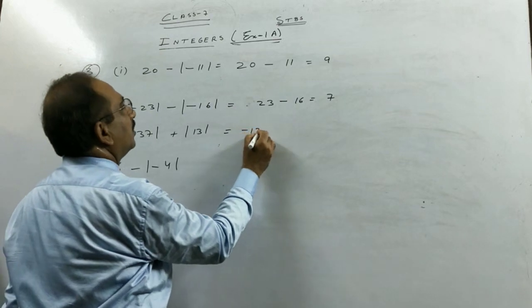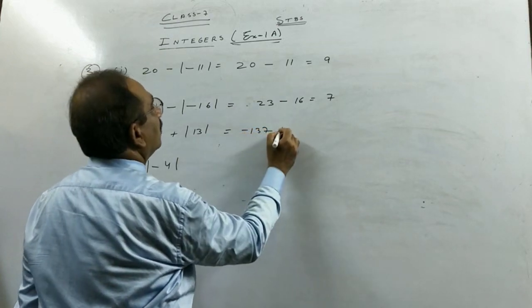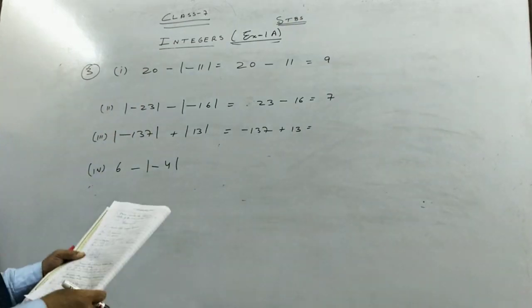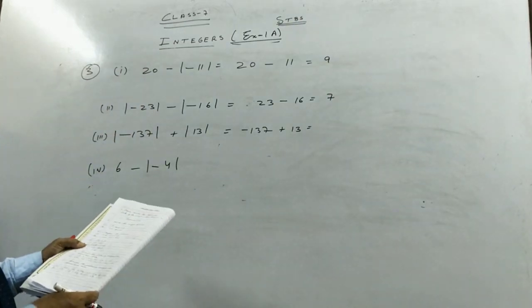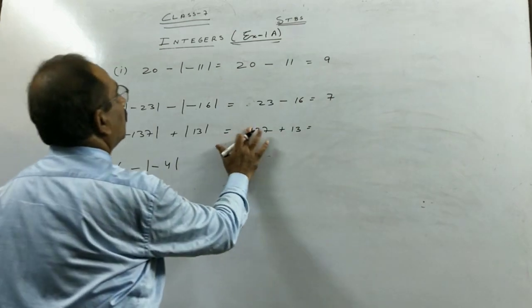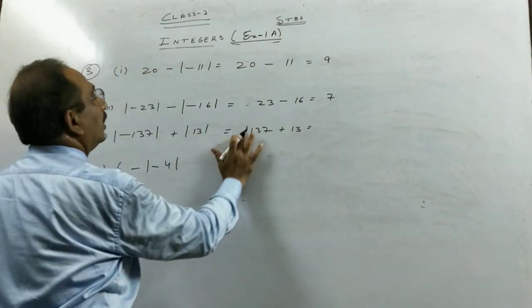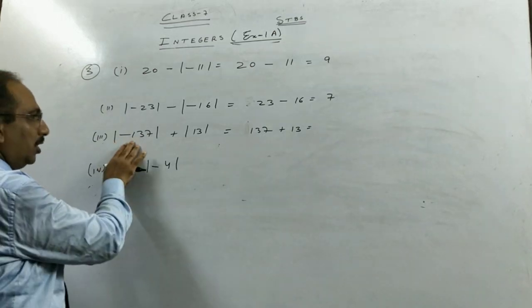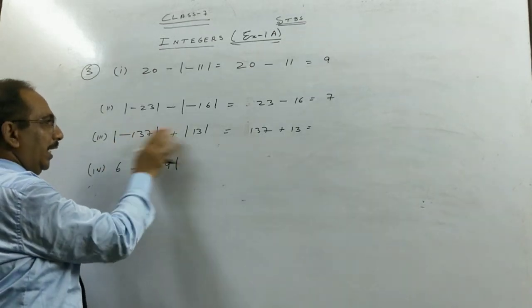This is minus 137, and this will remain plus. Minus mod is plus, and then 13.